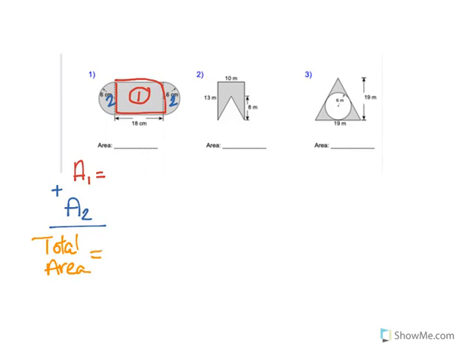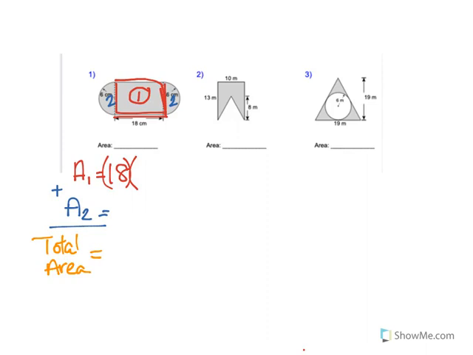So for the first area, it's a rectangle, so it's going to be length times width. Now the length is clearly 18 centimeters, so we're going to take 18, we're going to multiply that with the width, which is not quite as straightforward.